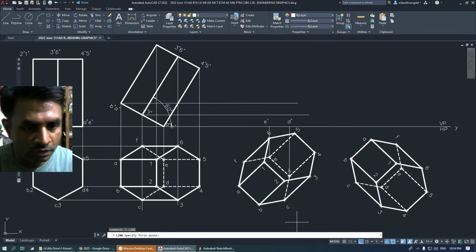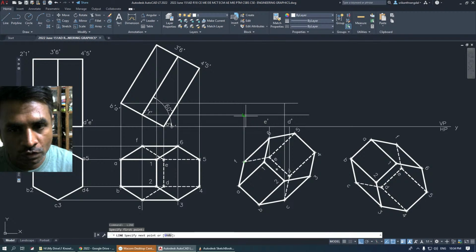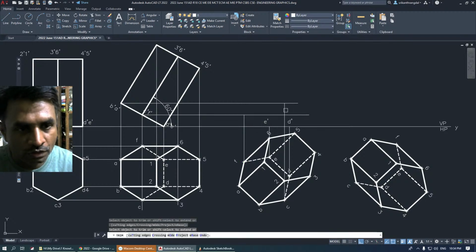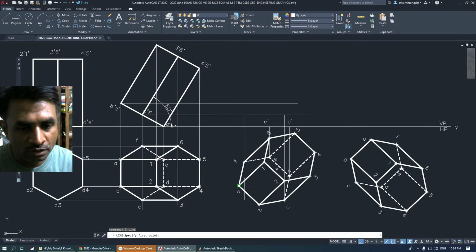So let's go ahead and take all the remaining points. C is going to come and intersect this, the same way F is going to come and intersect this. Then the other two points, A and B, are going to be from here.